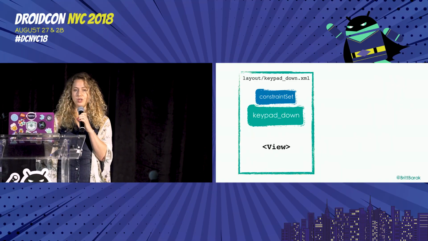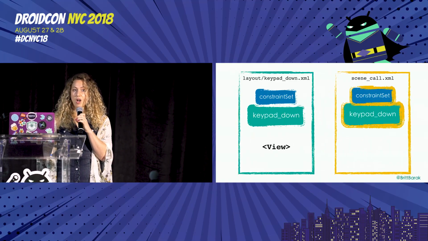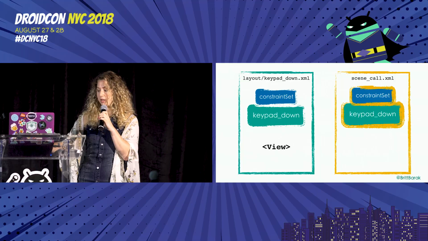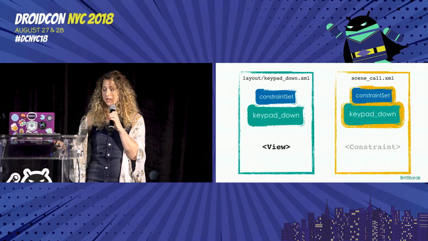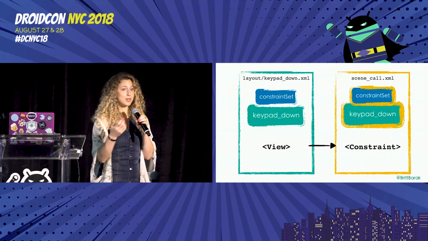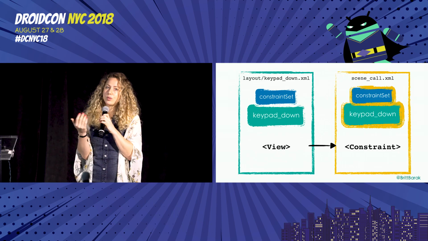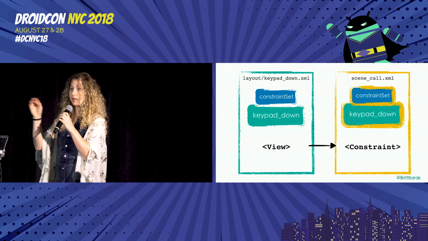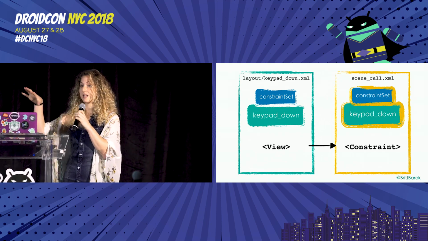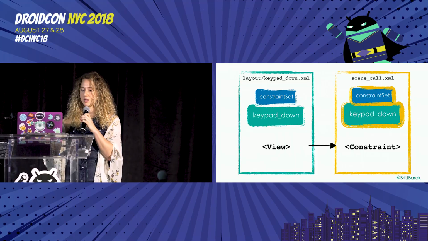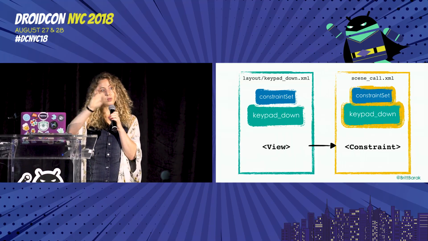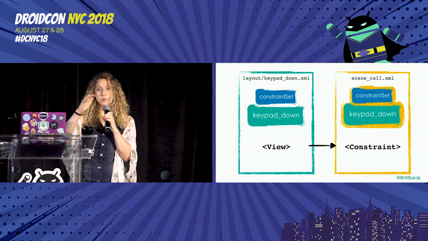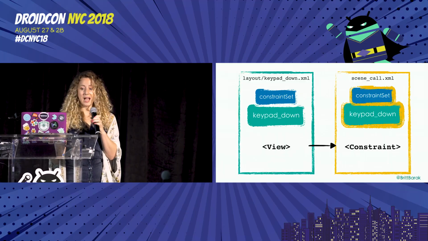What we need to do is, under the motion layout, each view becomes a constraint, because as we said, we care about constraints. We don't care about the views themselves, just about the constraint, the size and the positions. So instead of a view, an image view or whatever, we create a constraint tag.